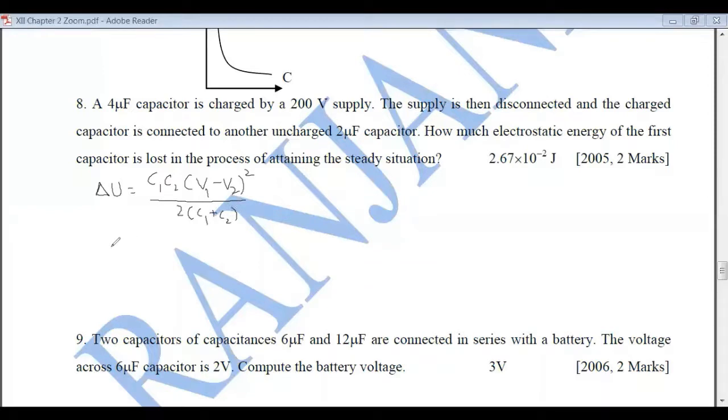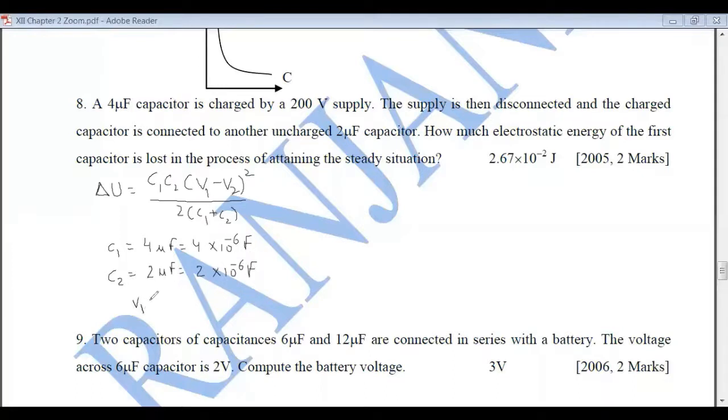Now here C1, the capacitance of the first capacitor, is given as 4 microfarad, which is 4 into 10 raised to the power minus 6 farad. And C2 is given as another uncharged 2 microfarad capacitor, which is 2 into 10 raised to the power minus 6 farad.